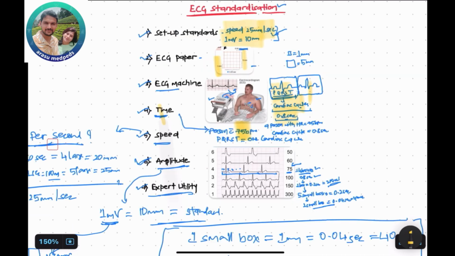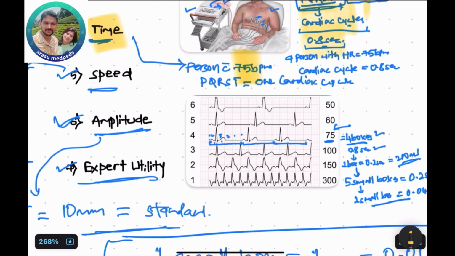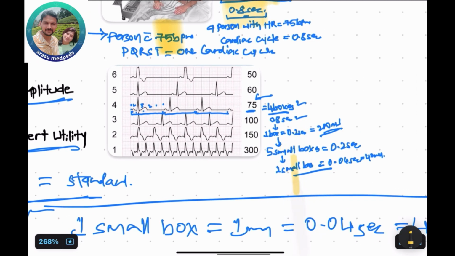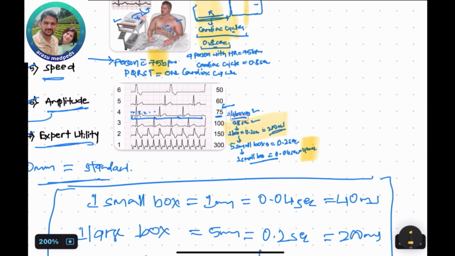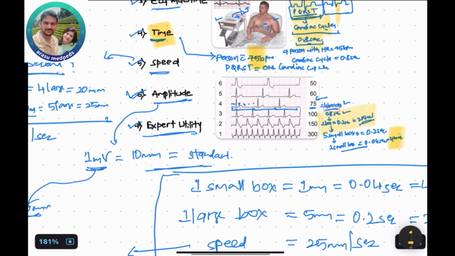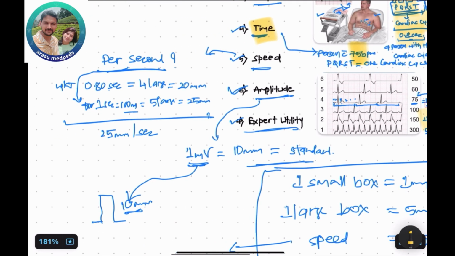So from this, they got the timing of the ECG paper. In the timing, they concluded that one small box will be 40 milliseconds and the large box will be 200 milliseconds. This is how they got the timing. Then about the speed, to get such waveforms, they fixed the speed at 25 mm per second.